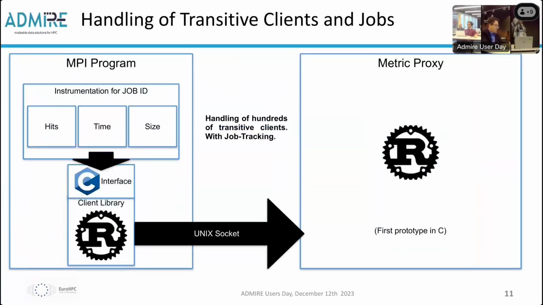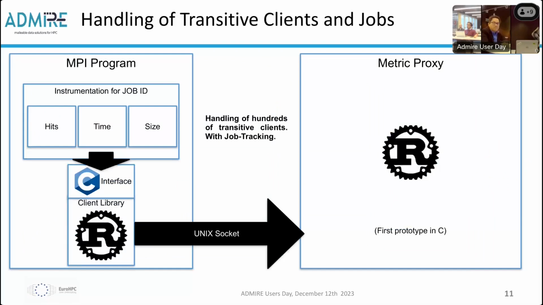Looking at the implementation, it's relatively simple. We had the first prototype in C, and then we moved on to Rust because we wanted more interfaces, more development efficiency, and also reliability of the code, because the Admire infrastructure is made to be always on. It means we have to constantly run, and Rust is more stable on this aspect for memory management.